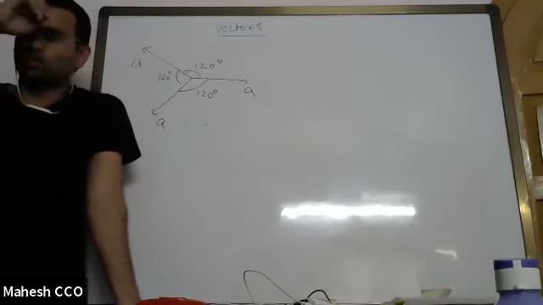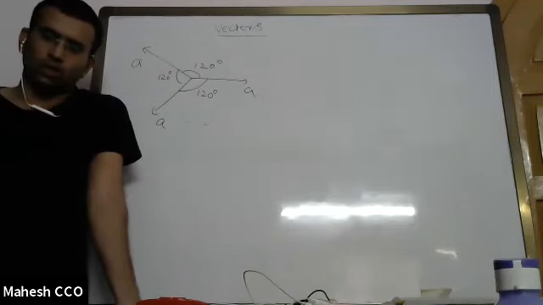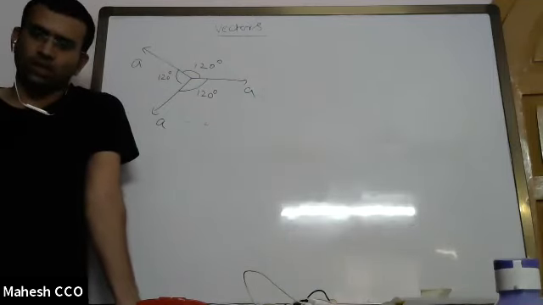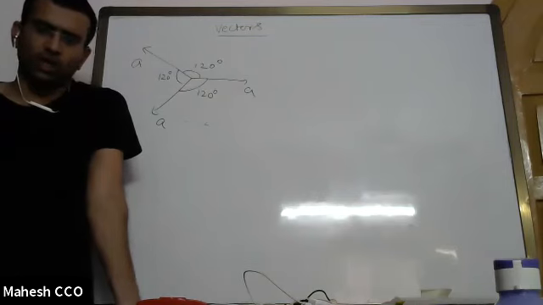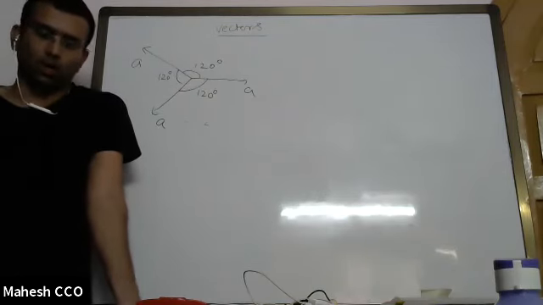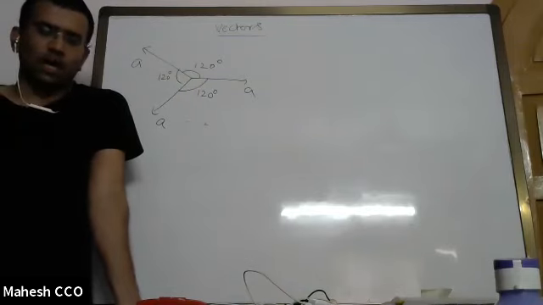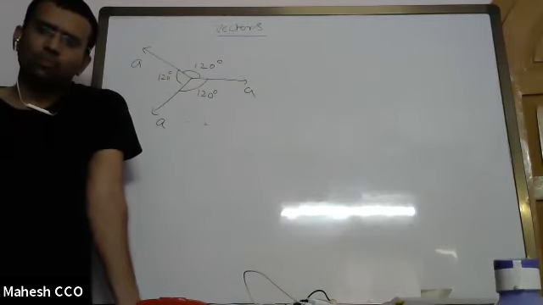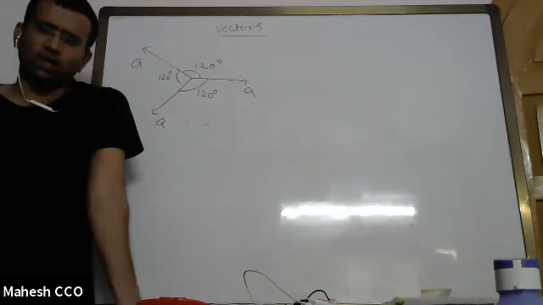If you use that, you will get theta 1 equal to theta 2 equal to theta 3 equal to 120 degrees. These ideas are fairly simple, you can easily understand them, or you can solve the problems if they come using these ideas.